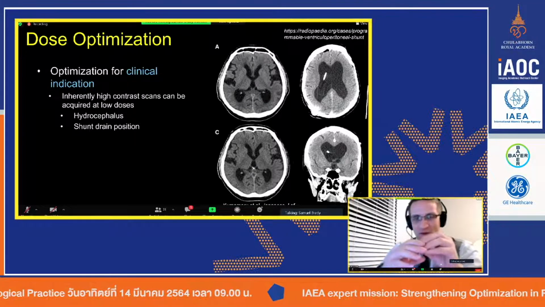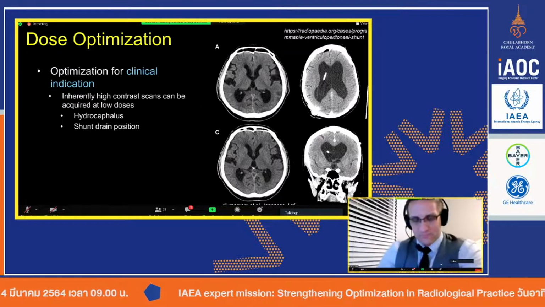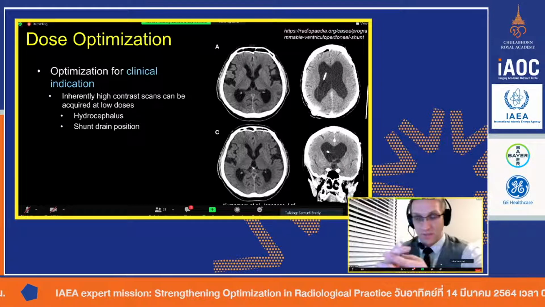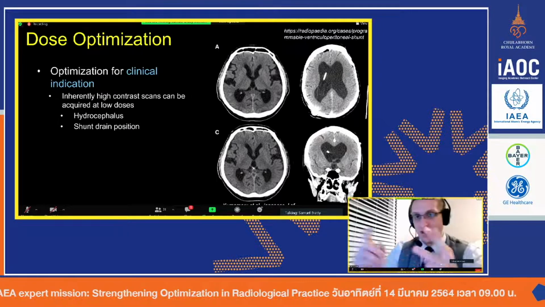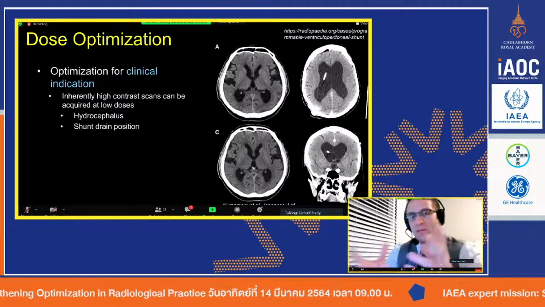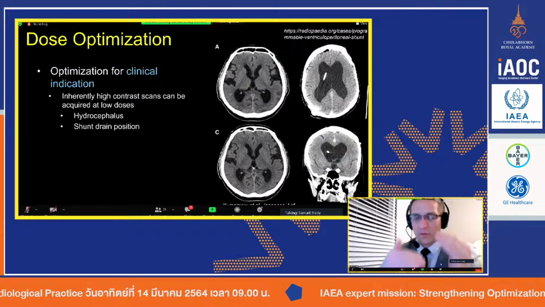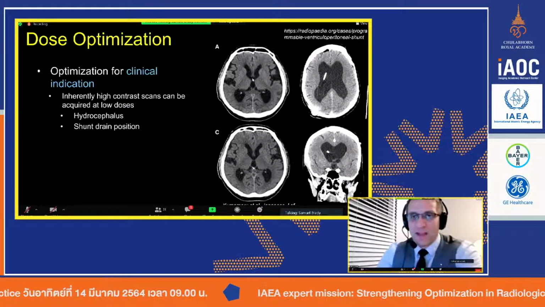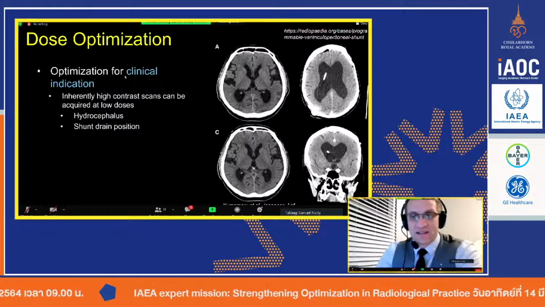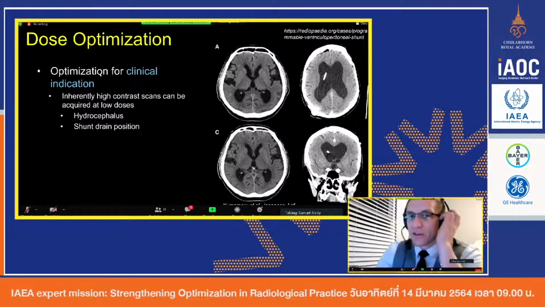That might be something where you need to really bring in the leadership of radiology and maybe other groups like pediatrics or surgery or the emergency room. They may be able to come together and help decide when we order and when we don't order. So having those discussions is a very important one. All right, the next step to consider for dose optimization is clinical indication.